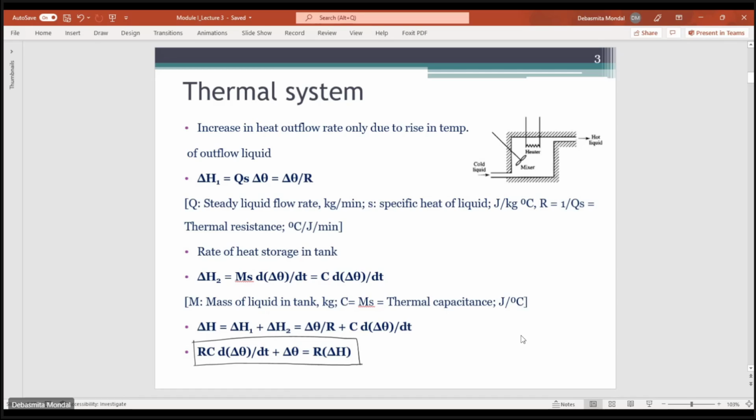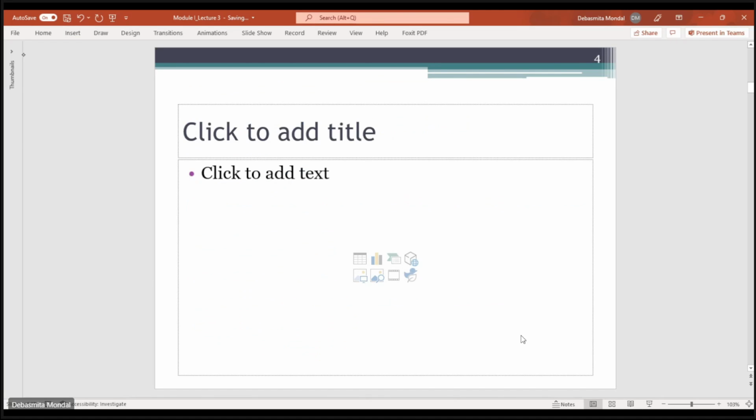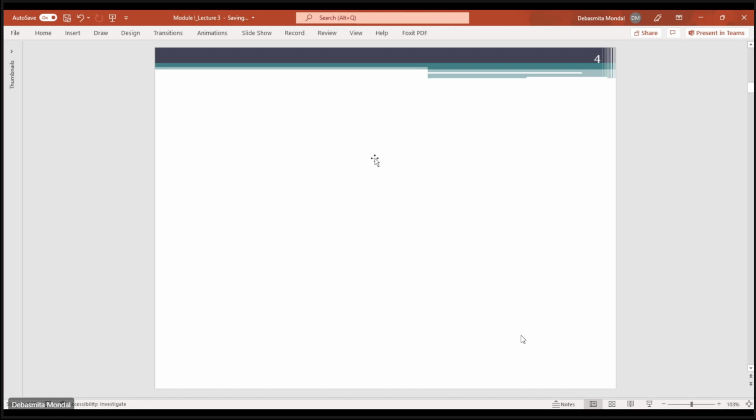Now, if you have some disturbances, let us say that the temperature of the inflowing liquid, this cold liquid that is flowing inside, is changing by an amount, let's say, theta I. This theta I will be considered as the disturbance signal, because we don't want the temperature of the inflowing liquid to change.